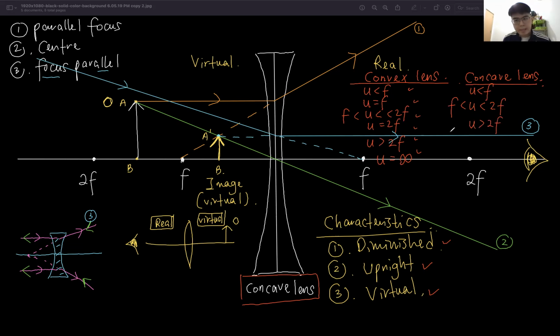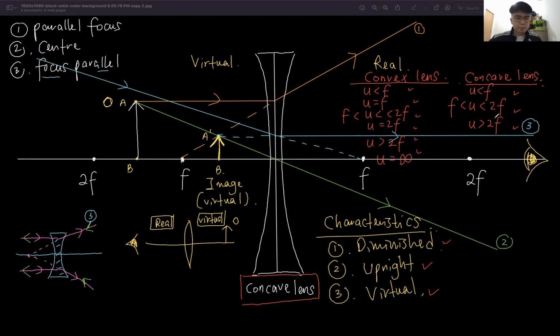Only these 3 are enough for a concave lens. So how many diagrams in total? 6 from the convex and 3 from the concave. You should have a total of 9 ray diagrams in your graph paper.